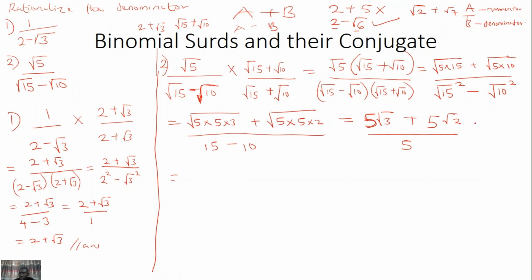What you can do is to factorize. And if you factorize, this will be 5 bracket root 3 plus root 2 all over 5. 5 here 1, 5 here 1. So our final answer is root 3 plus root 2. This is the final answer.